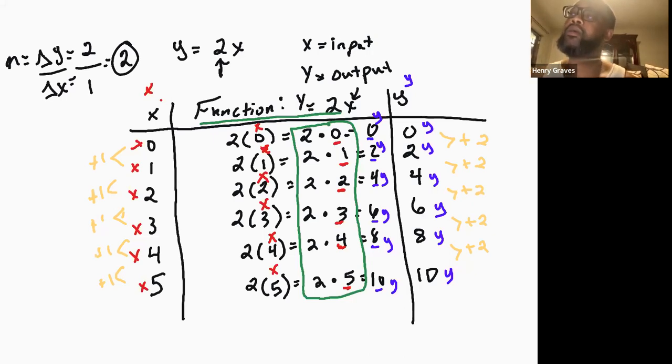Now, we got that out of the way. I can talk about finding the slope from 2 different points. Sorry. From 2 points. To find the slope from 2 points, I'm talking about when they give you 2 ordered pairs.